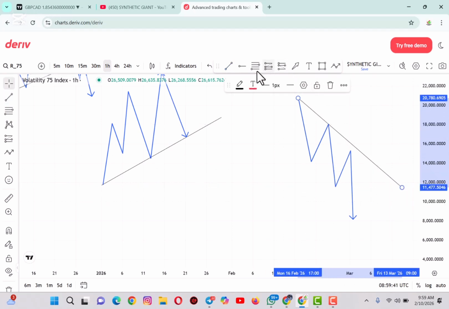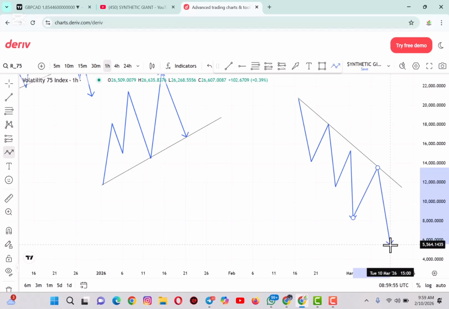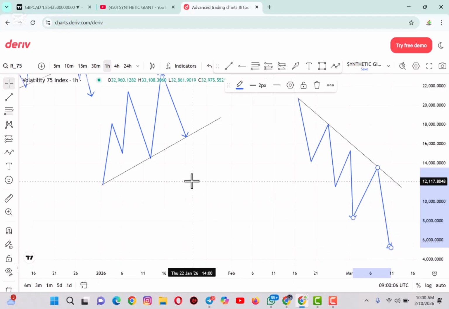The next thing you're waiting for is for price to actually strike the third point. Okay, like this. So the moment price gets to this particular level, you are ready to make your trade entry. All right, and ride it all the way to the downside. So that is pretty much about trend line. I don't want to dwell much on the schematic so that we can quickly look at the chart.